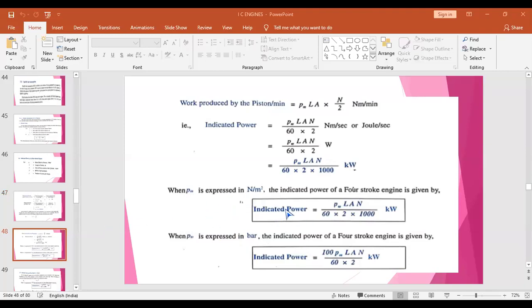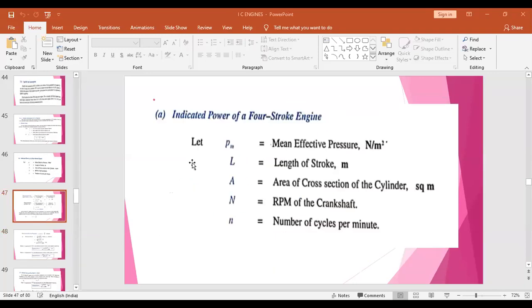So all of you observe here, very, very important, and all of you write down the indicated power for four-stroke engine.